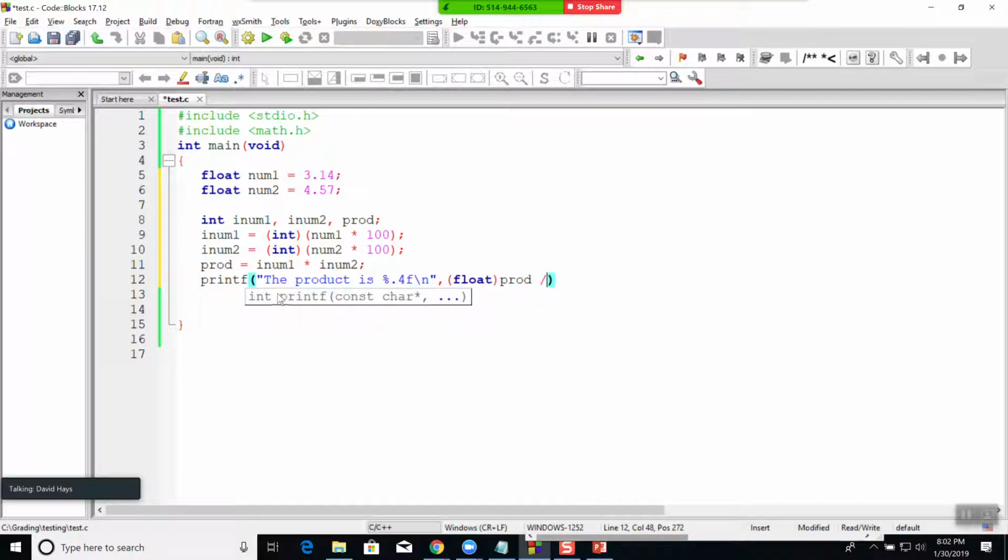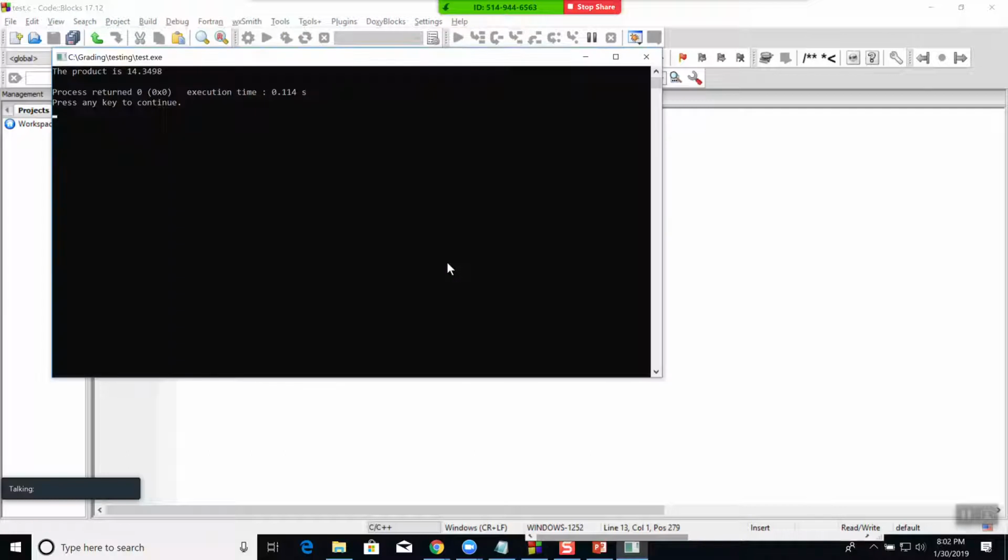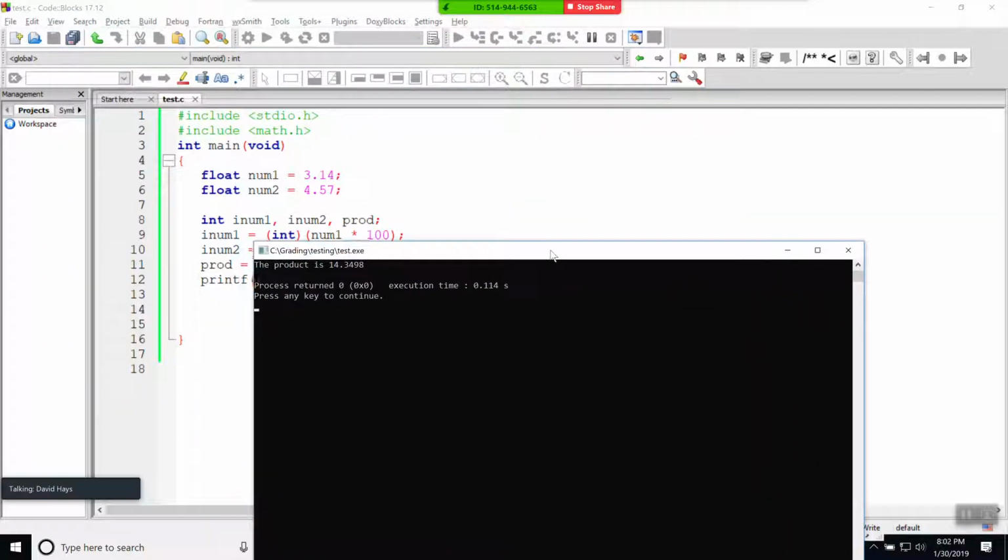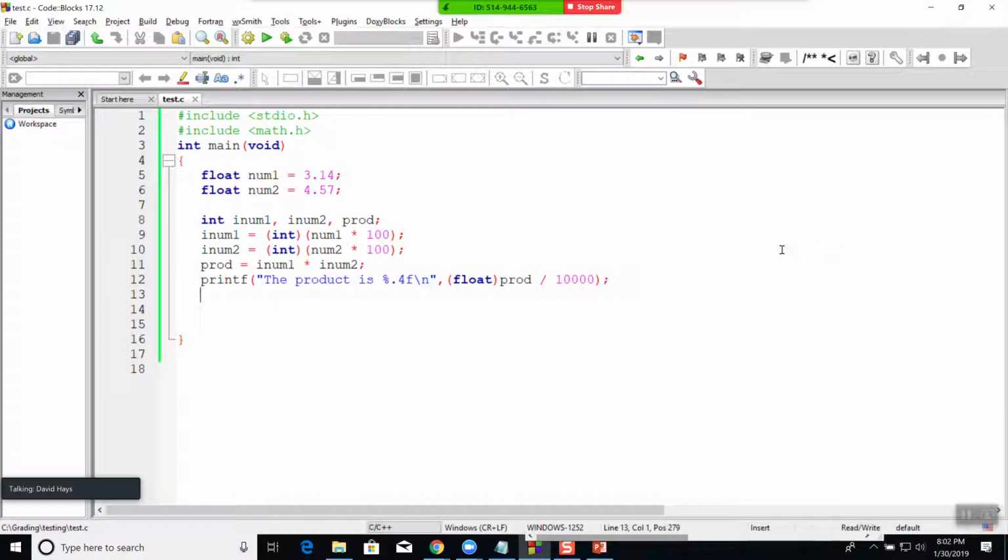I multiplied by 100, so I divide by 10,000. Three times 4, that's roughly 14, I'm assuming. So you can convert them to an integer, but you have to do a lot of thought process on it to do it.